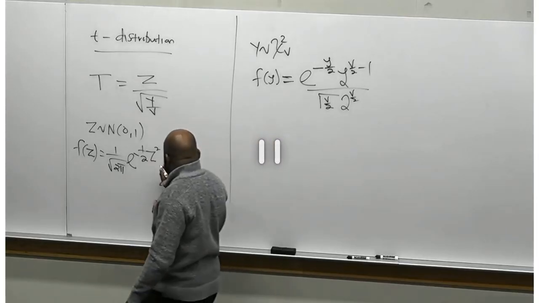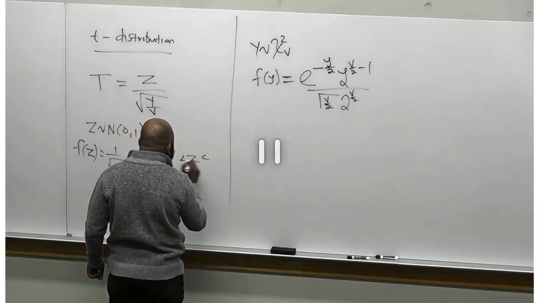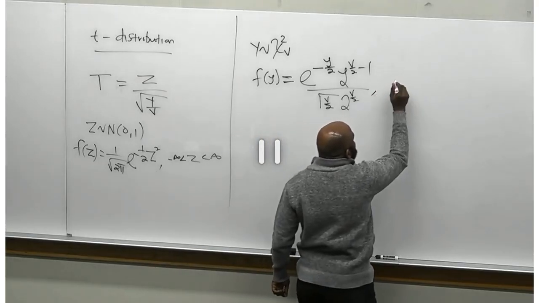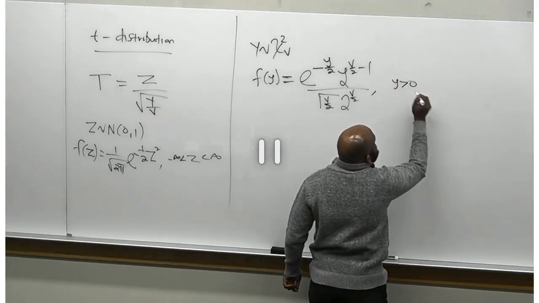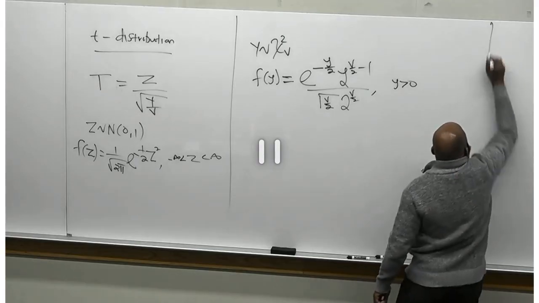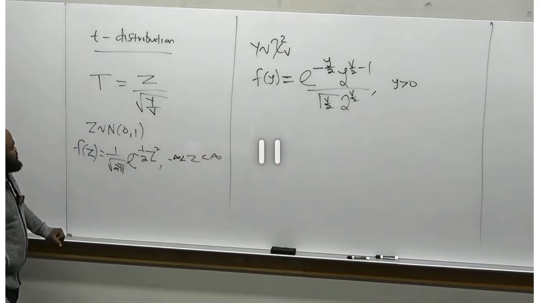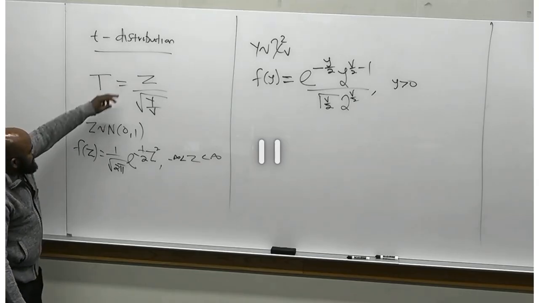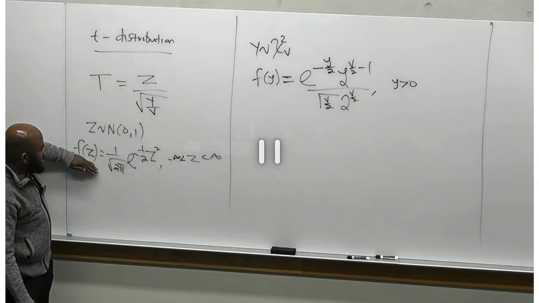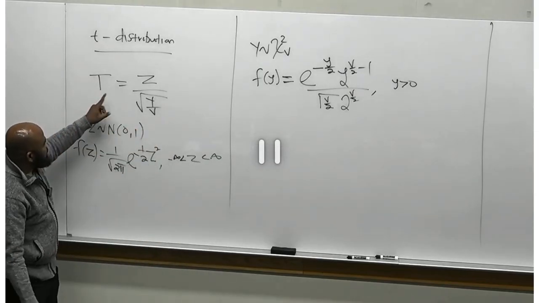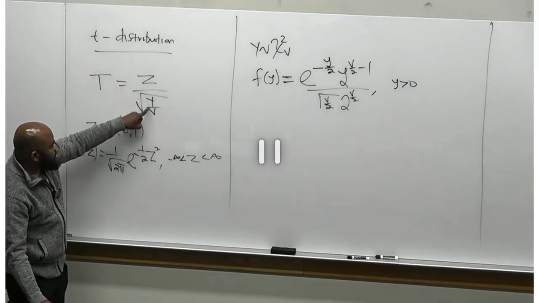So here, Z lies between negative infinity and infinity. And of course, Y is greater than 0. Now, T distribution is derived from a combination of a standard normal distribution and a chi-squared. So t equals z divided by the square root of y over v.